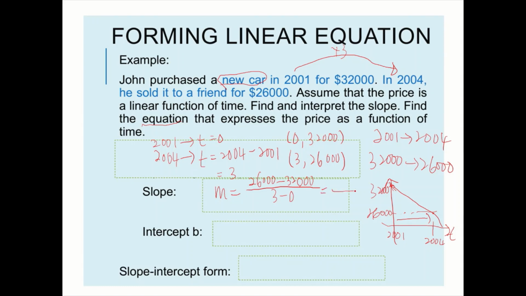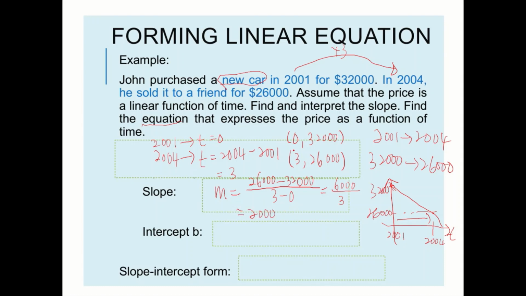We have 3 here, and here will be negative 6,000. So we get m is negative 2,000.